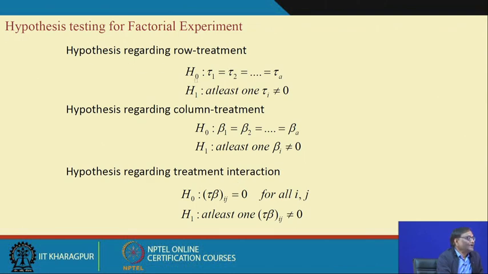So, we are writing H0, that there is no difference between the treatment levels, the row treatment levels, and H1, at least there is one difference.